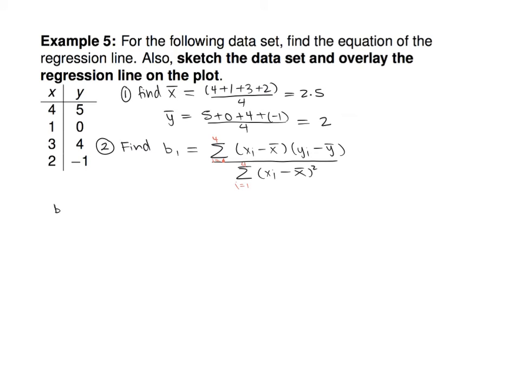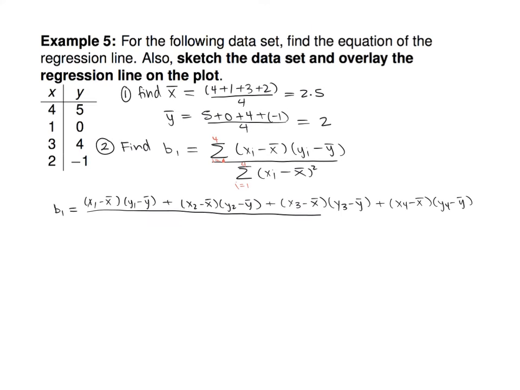So let's do that. So beta 1 equals, so first we input 1. That's going to be x1 minus x bar times y1 minus y bar plus x2 minus x bar, y2 minus y bar plus x3 minus x bar, y3 minus y bar, and then plus x4 minus x bar, y4 minus y bar.